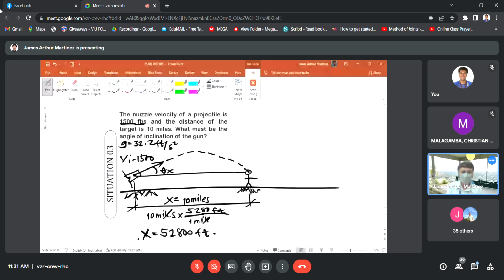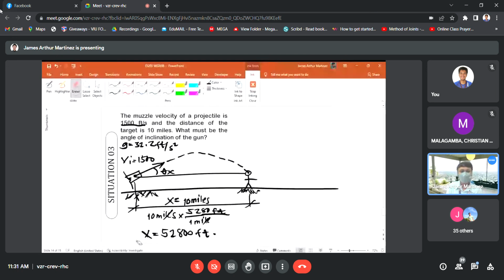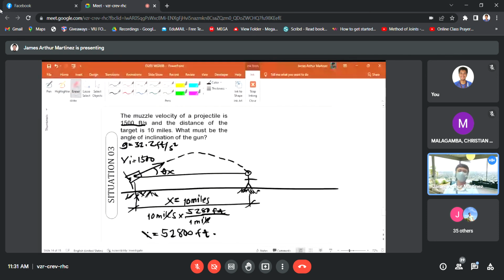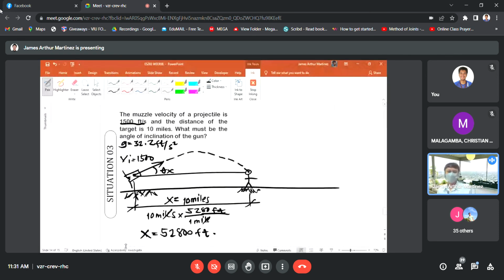Okay, so we now have data for x and initial velocity. Sige, so how do we solve this?